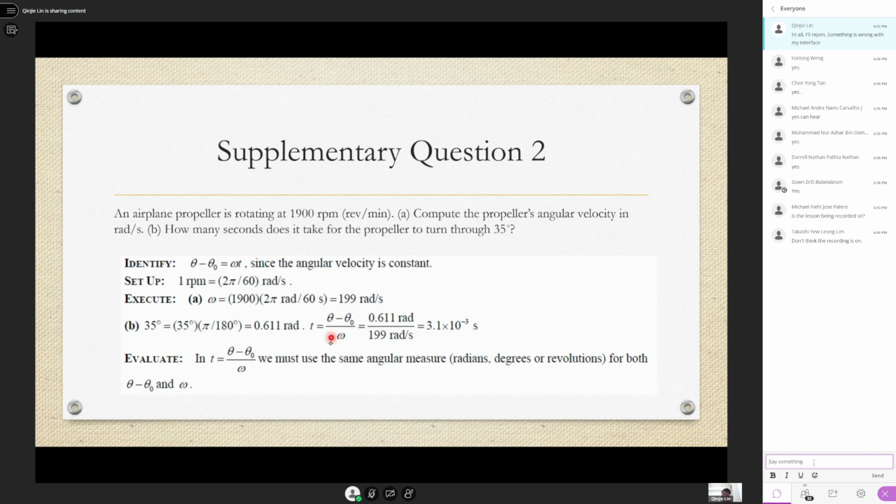Your a, which is the alpha, is zero. So in the end, you only have s equals ut. I'm reading out in linear quantities, but we are doing it in angular quantities. From here we will solve, and that will be the time taken.